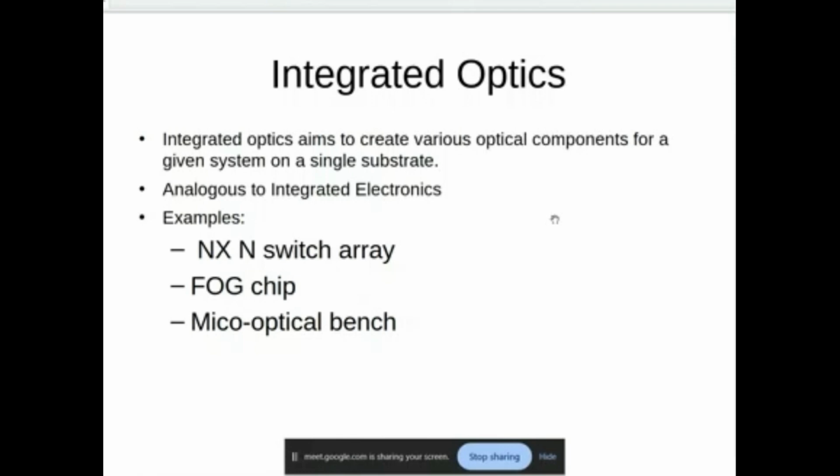The best example is the Fourier transform. For most of the image processing, we have to do the Fourier transform of the image of the object. So in electronics, with a CCD camera or so, you capture the image, a big lot of data, so many MB, and you do a lot of electronic processing to get the Fourier transform of that.